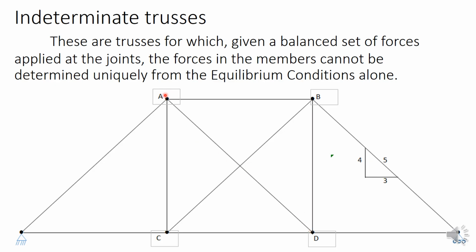However, you have an additional member here, so you have an additional variable. The forces are the variables in this case, so you have one more variable. So you have the same number of equations, but one more variable. So you will not be able to get a unique solution for the forces in the members.